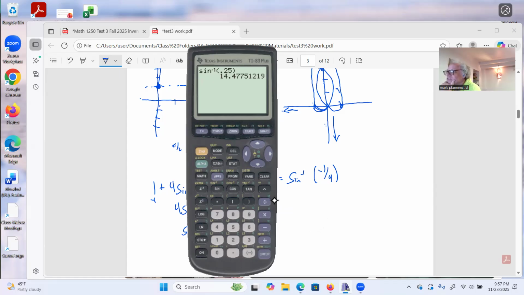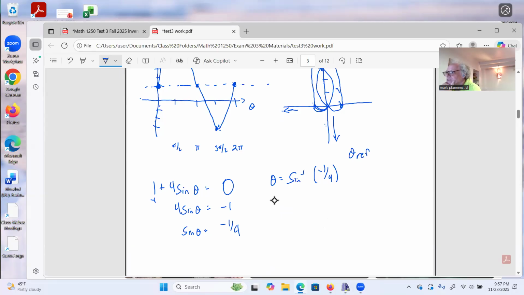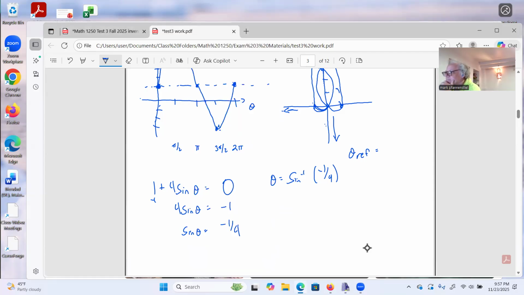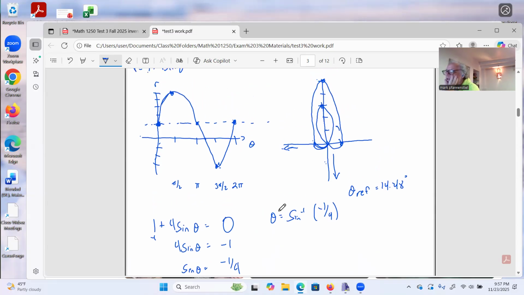And that was 14.48 degrees. So that's my theta reference. That is not exactly where I want to go yet, but that's my reference angle. So we want 14.48 degrees.